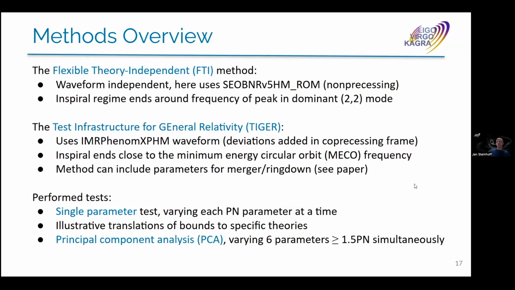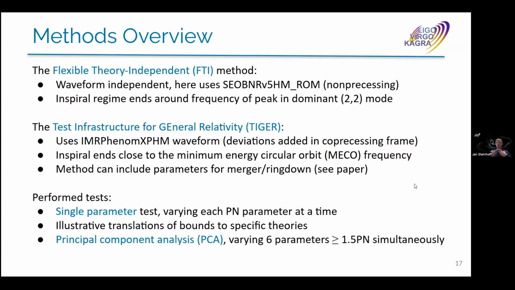The transition to the post-inspiral regime is just done by some tapering, and you can adjust the frequency, and we choose it to be the peak frequency of the 2-2 mode, which is the dominant mode of the gravitational wave, typically.